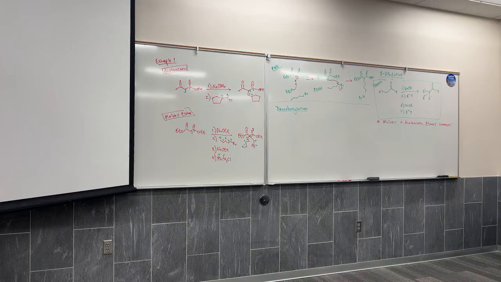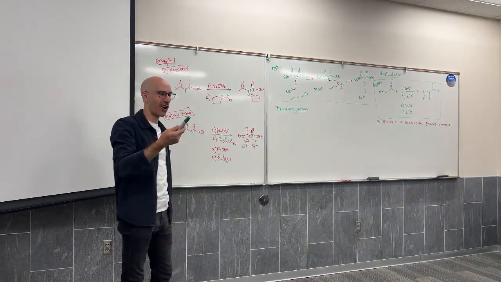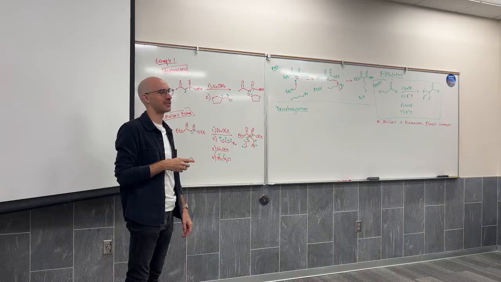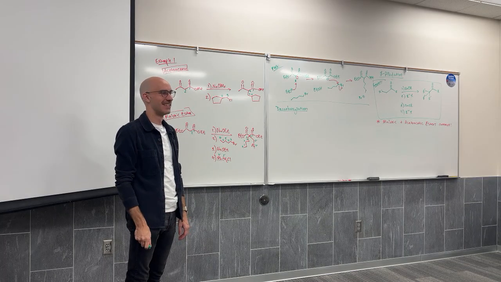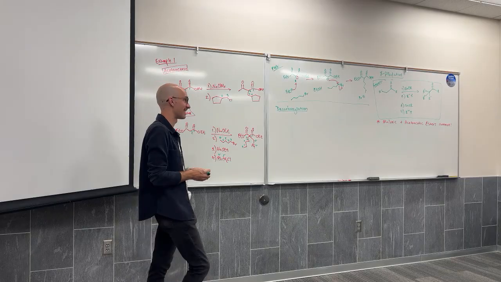What do you think is a byproduct in the decarboxylation reaction? Carbon's got to be in there somewhere. This is organic chemistry. CO2 is the answer. Carbon dioxide. Carbon is in there, surprisingly.